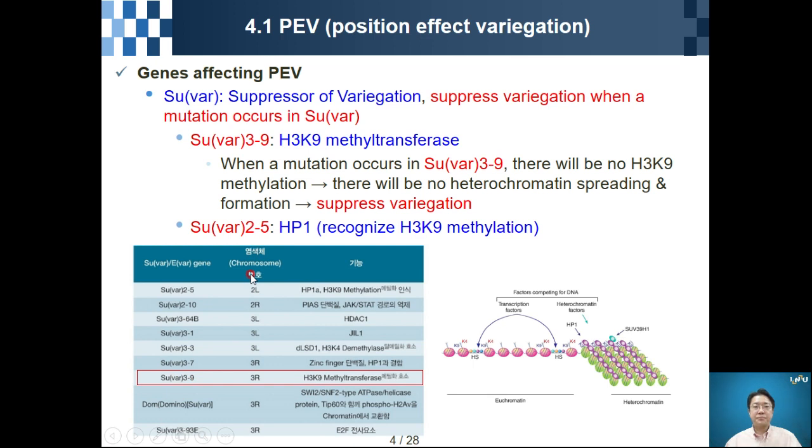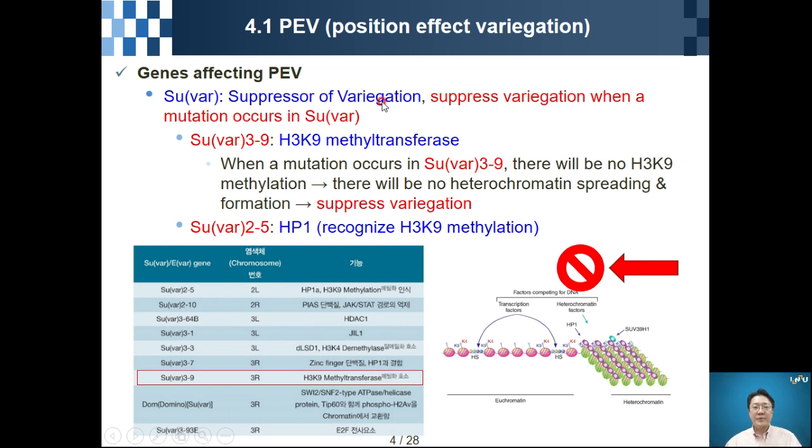When a mutation occurs in SU(VAR)3-9, there will be no H3K9 methylation. It means that there will be no heterochromatin spreading and formation, so it will suppress variegation.